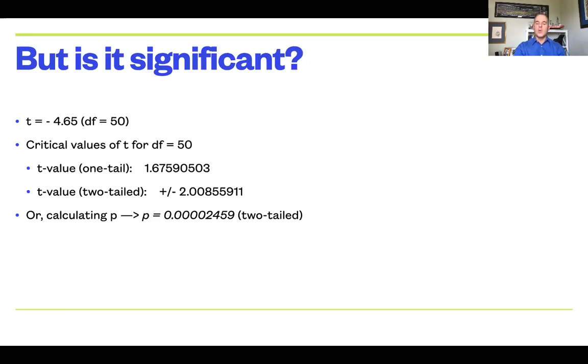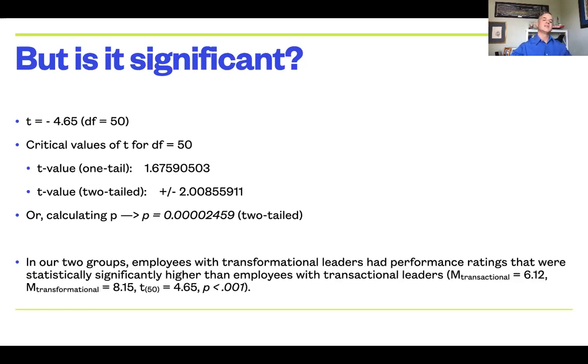And don't forget, we would typically say, if our p is less than 0.001, we just say less than 0.001. If it's greater than 0.001, we say what the actual p value is. But the point here is that there's a vanishingly small chance, almost no chance, that I could have gotten a t that large if there was in fact no difference between the means of these populations.